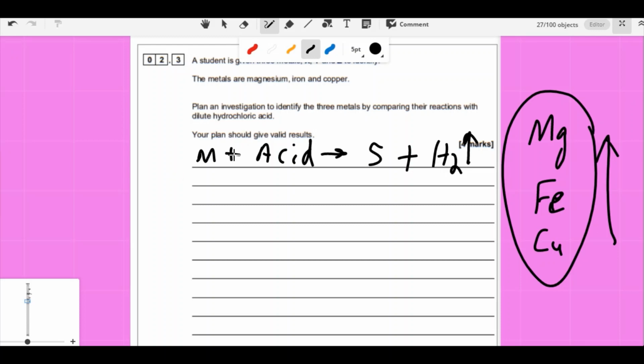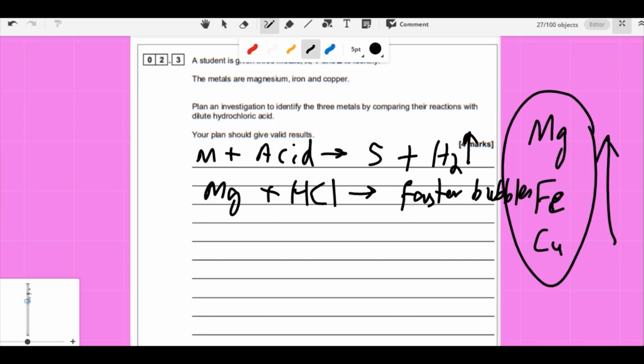So in this case, first of all, we are going to treat each metal with hydrochloric acid. If the magnesium reacts with HCl, it will produce faster bubbles of hydrogen gas.